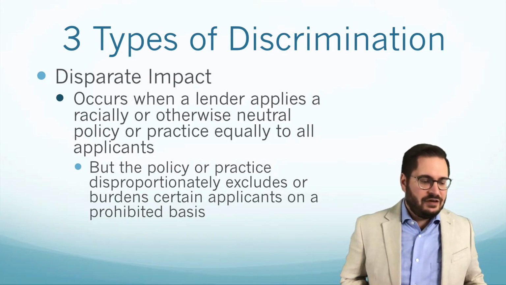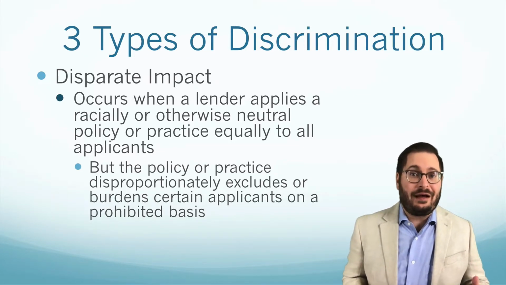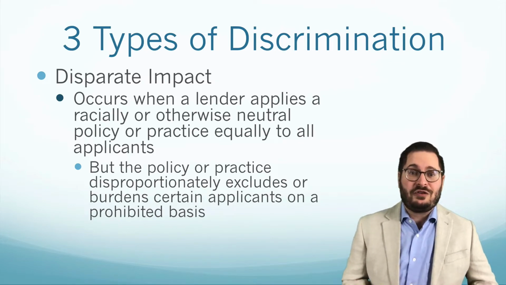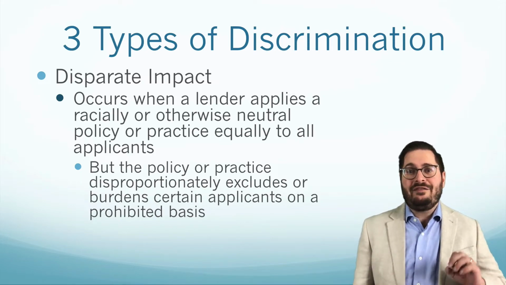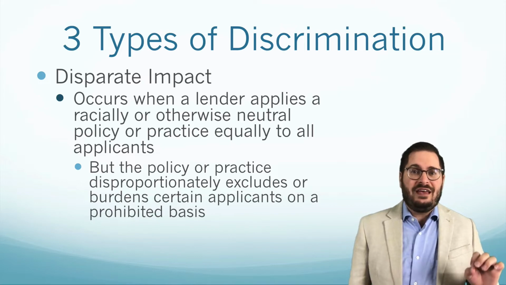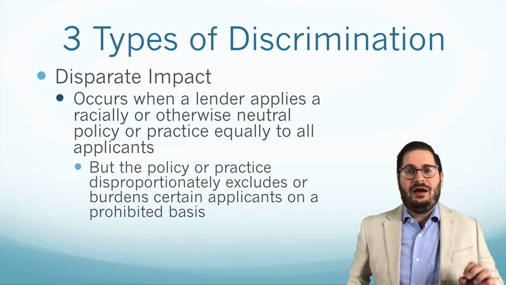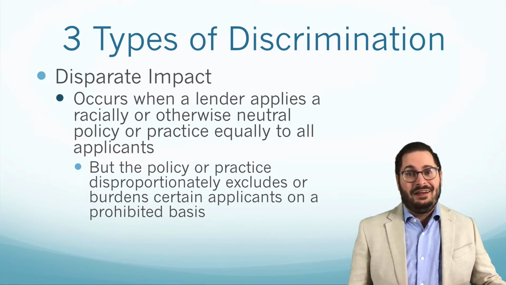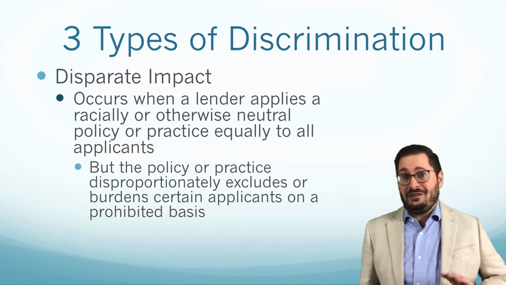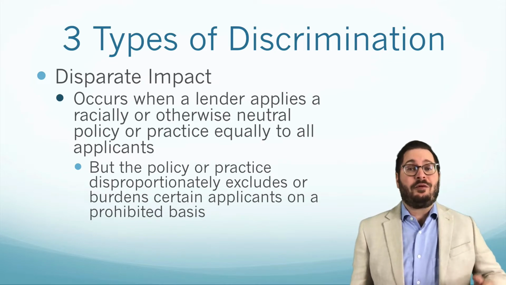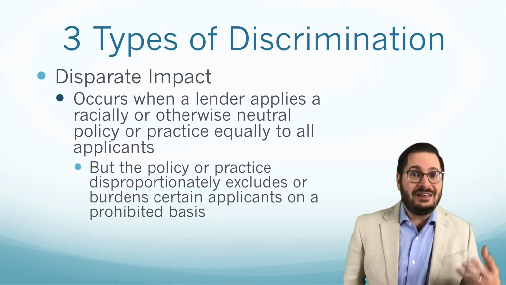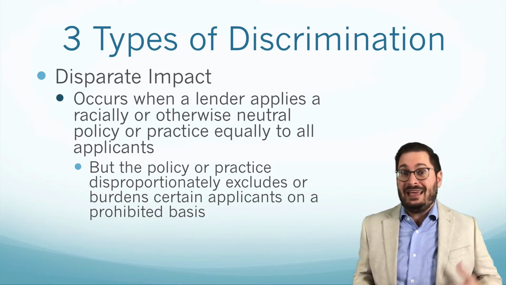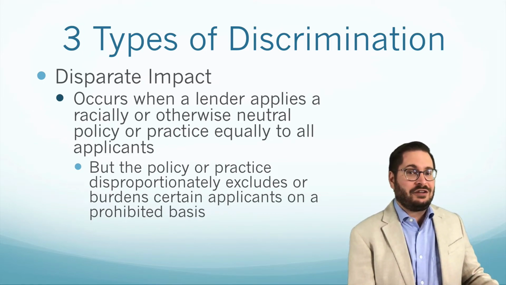Another example of this would be potentially a loan amount. This is another example of potential disparate impact, if you have a rule that says we're only going to lend to applicants who have a loan amount of $450,000 or more. I completely understand why some banks might do that, because it's much more profitable to do one $450,000 mortgage than it is to do 10 $45,000 mortgages.